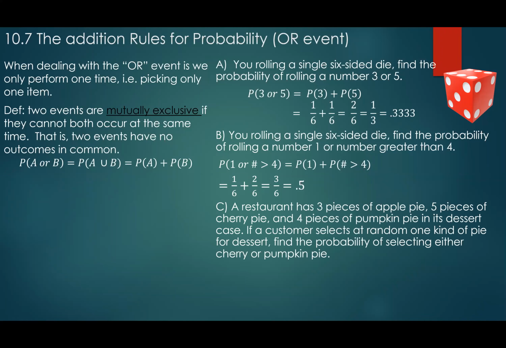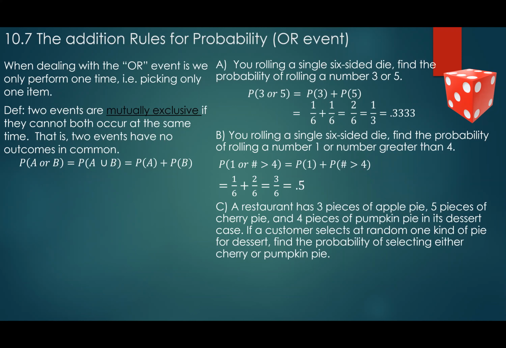Same thing. A restaurant has 3 pieces of apple pie, 5 pieces of cherry pie, and 4 pieces of pumpkin pie in its dessert case. If a customer selects at random 1 pie for dessert, find the probability that the customer selects either a cherry pie or a pumpkin pie, right?